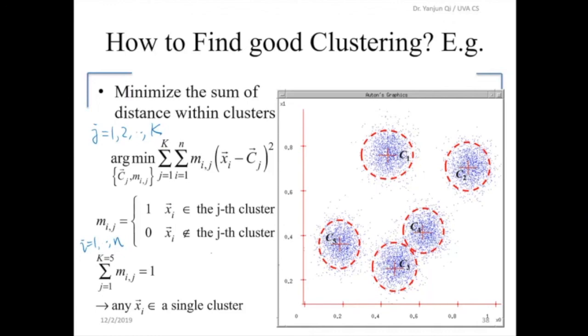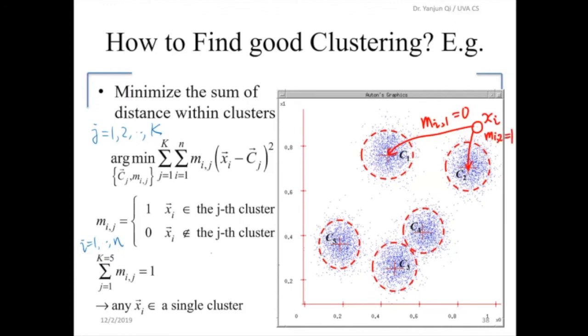Let's use a point as an example. This specific point, xi, belongs to C2 and doesn't belong to C1, so mi1 equals 0 and mi2 equals 1.